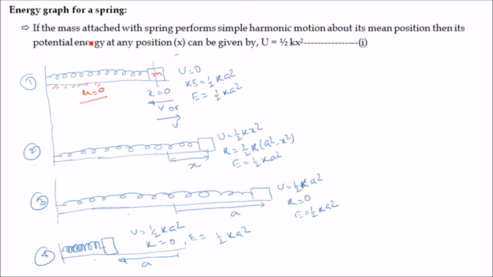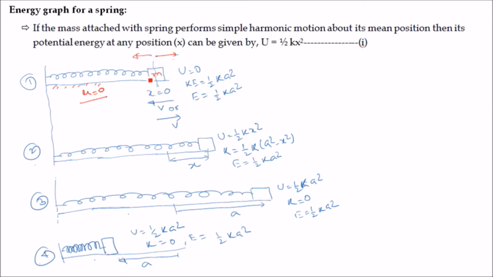So in this first figure, the object is at point x is equal to 0 and moving either on the left side or on the right side, that is, towards the positive x direction or the negative x direction with a velocity v.